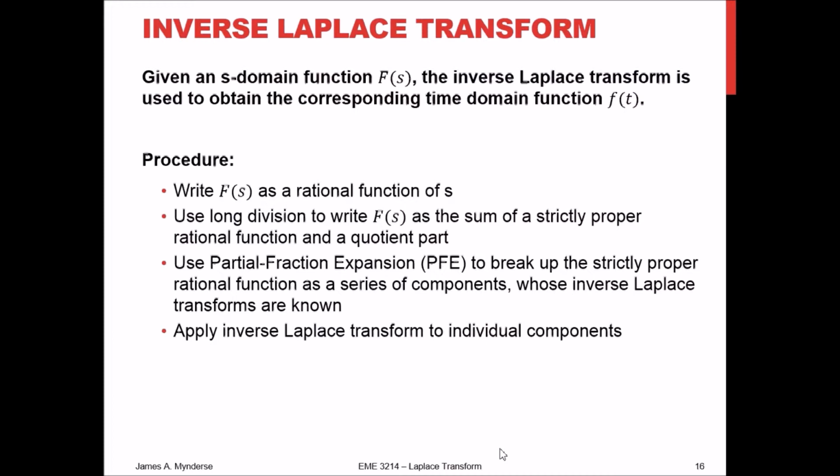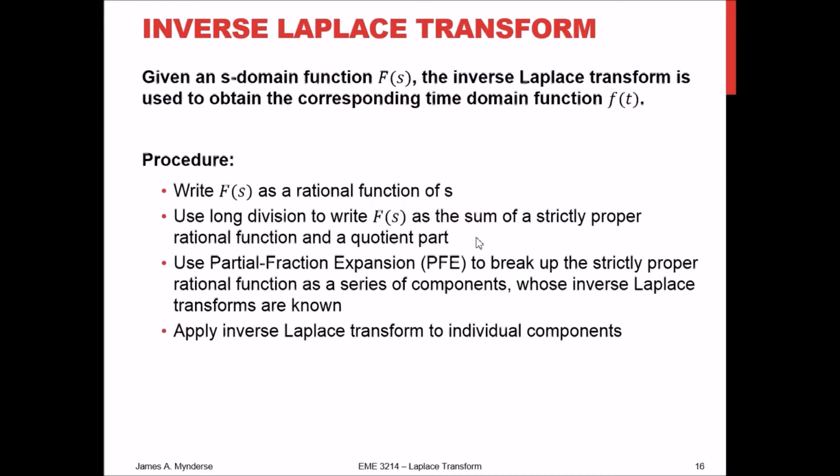Secondly, use polynomial long division to make sure that the numerator is smaller than the denominator in terms of powers. So if you have a power of s to the fourth on the top and only s squared on the bottom, this won't work. But you can use long division to write it as two parts.